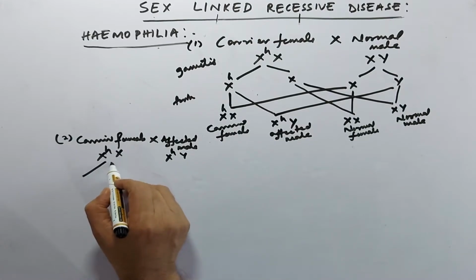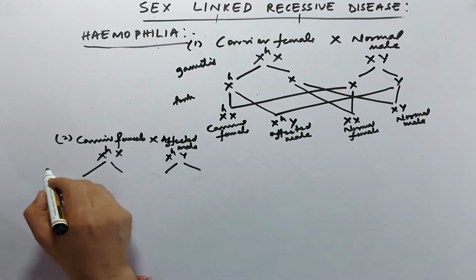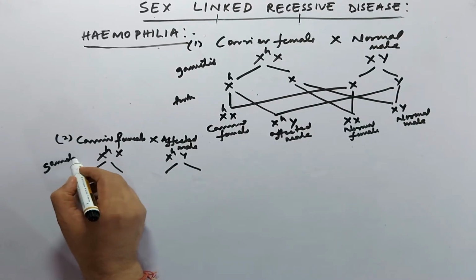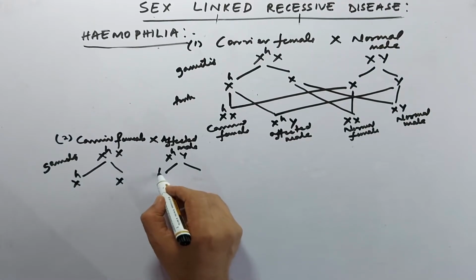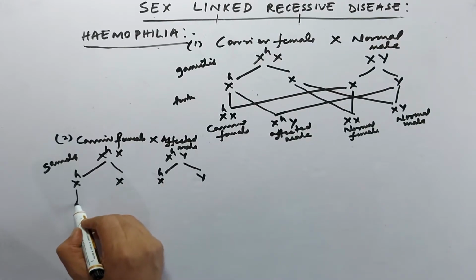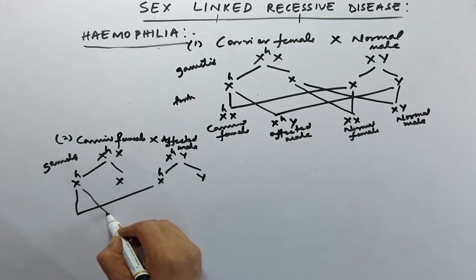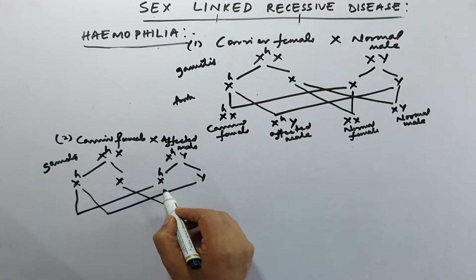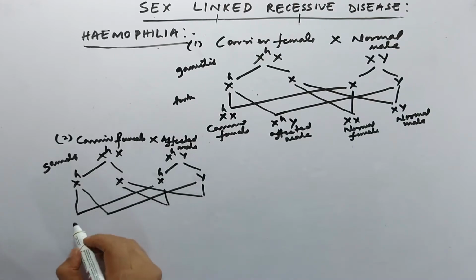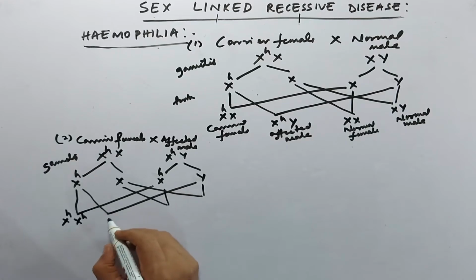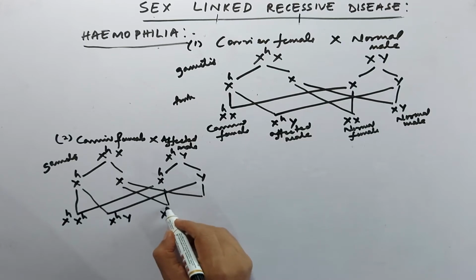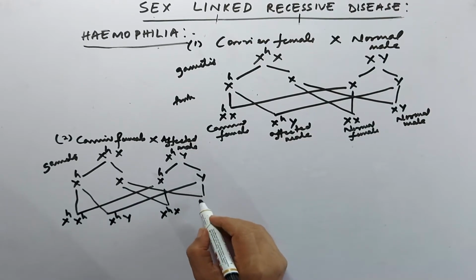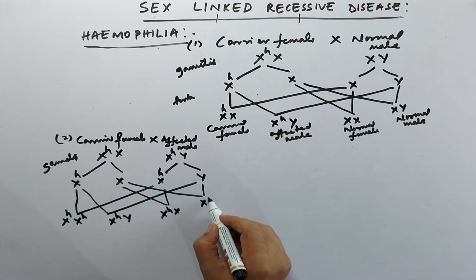By normal segregation, gametes are formed, XH and X, XH and Y. By random fusion, this type of result will come: XHXH, XHY, XHX, and XY.